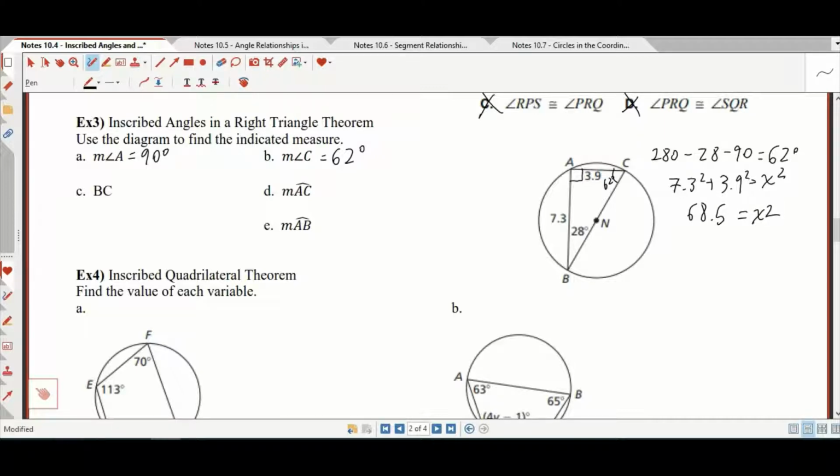Sure. Actually, it looks like x squared. And then we take the square root of that, which means that the measure of BC is approximately 8.276. I like thousandths if they don't say. 8.276.